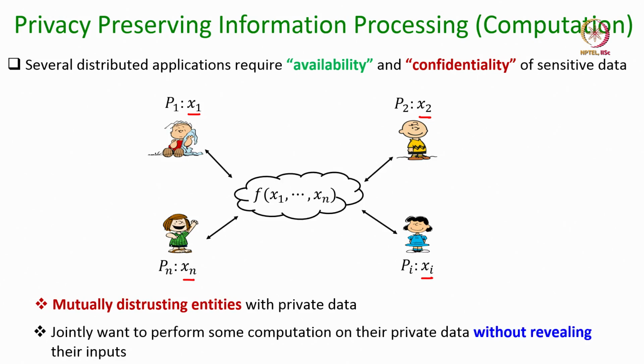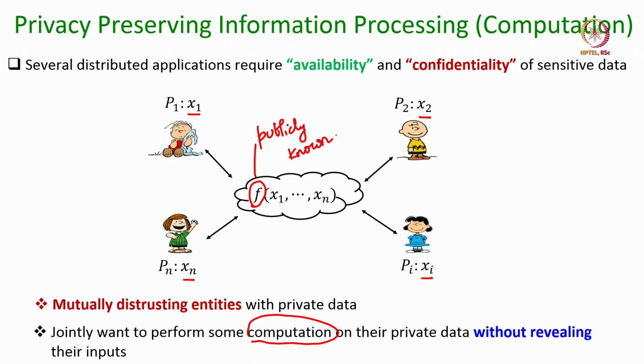Even though the entities are mutually distrusting, they would still like to perform some joint computation on their data without revealing their inputs. The computation they are interested in can be abstracted by some function f, which is publicly known, and this function is an n-ary function.